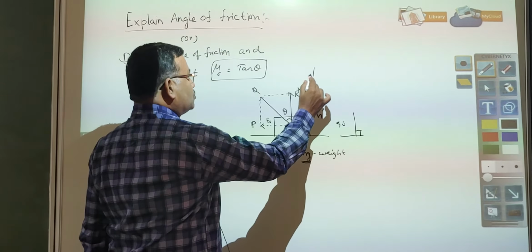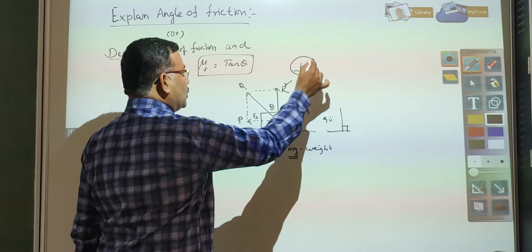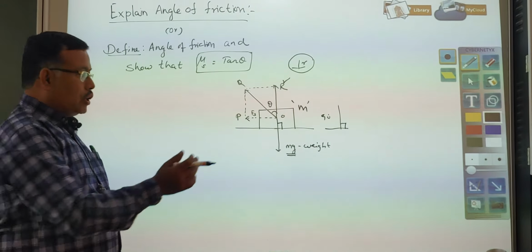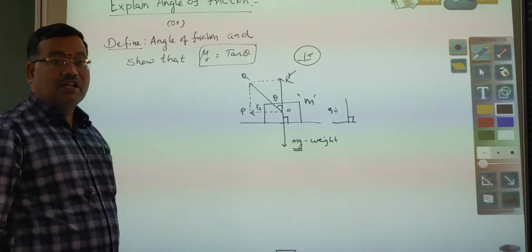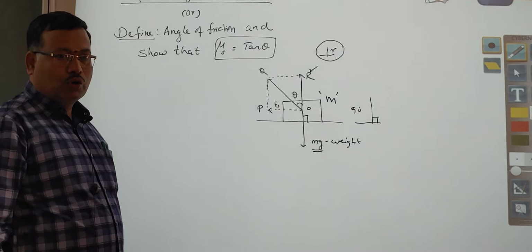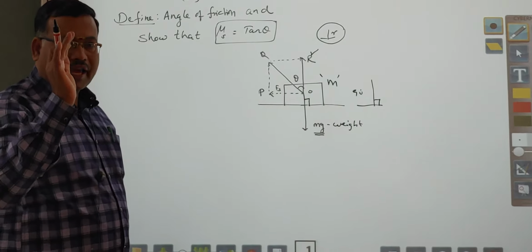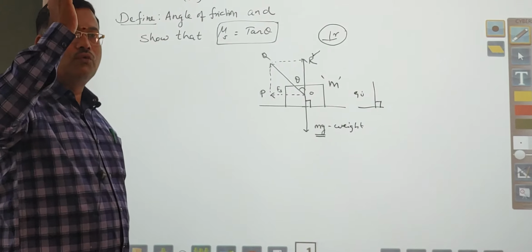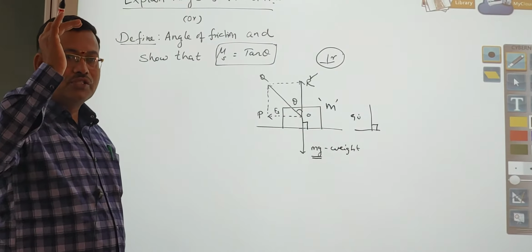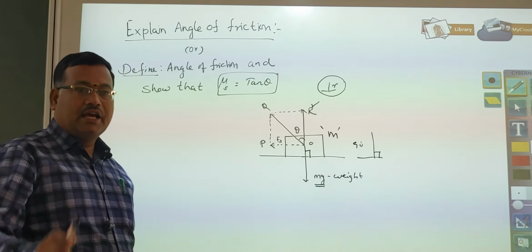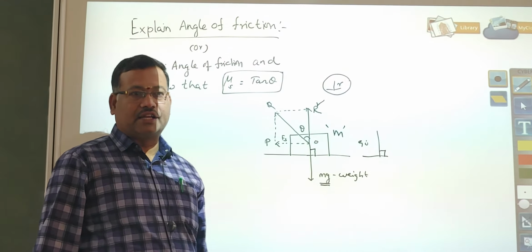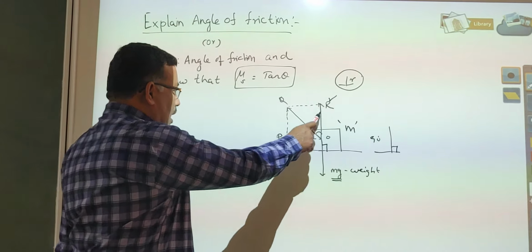Once again, normal means perpendicular. Against the weight, the opposite force acting is called normal reaction. I have already explained the normal reaction. So R is the normal reaction.